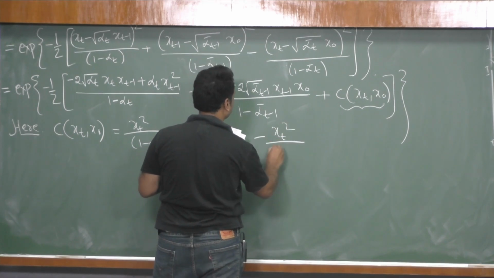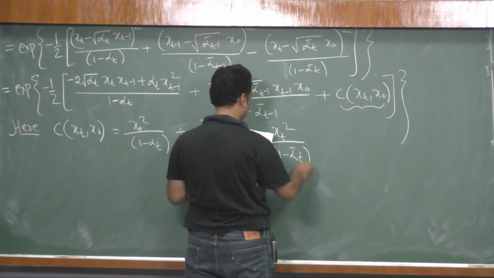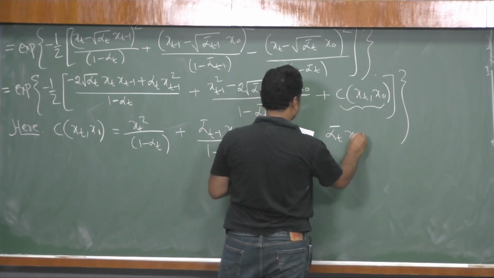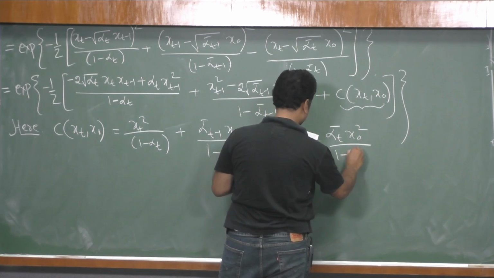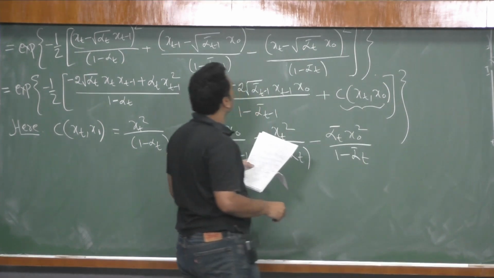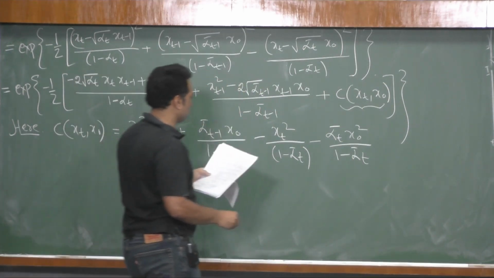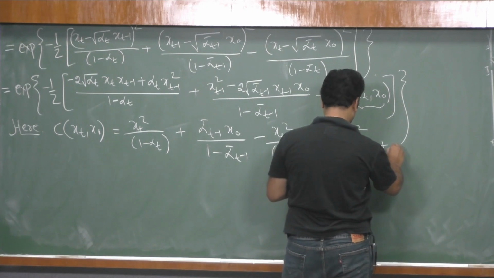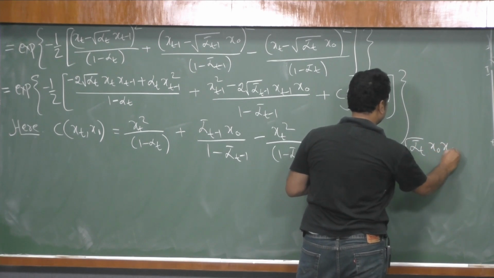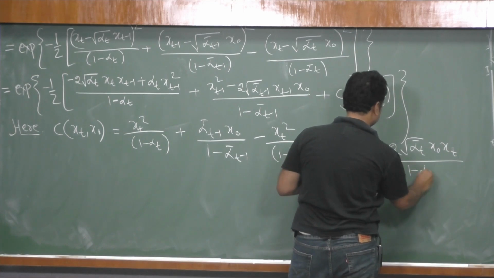So xt squared by 1 minus alpha bar t minus alpha bar t x naught squared by 1 minus alpha bar t, that's the second term. And then the mixed term is also there. So plus 2 alpha bar t x naught xt divided by 1 minus alpha bar t.